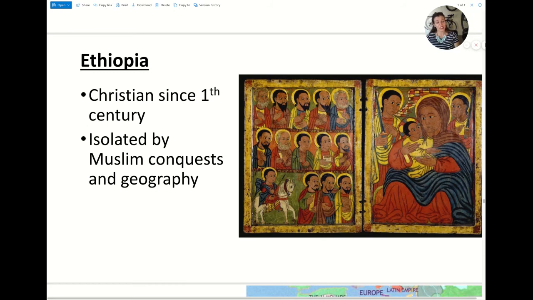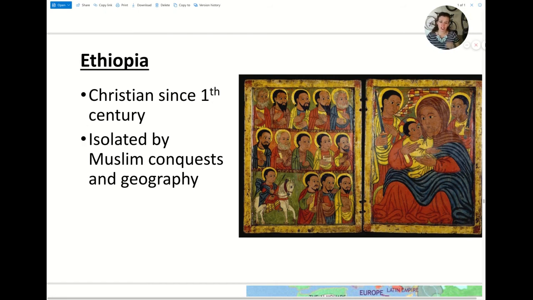But the reason why Ethiopian Christianity looks different from European Christianity is going to be primarily because of the Muslim conquests. With the spread of the Umayyad and the Abbasid caliphates, Ethiopian Christianity is going to be cut off from the Byzantines and European Christianity. There still are going to be Christian communities within the Middle East, but again, they're not able to connect the dots because they're located in this vast Muslim empire.